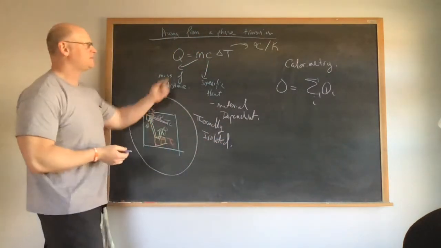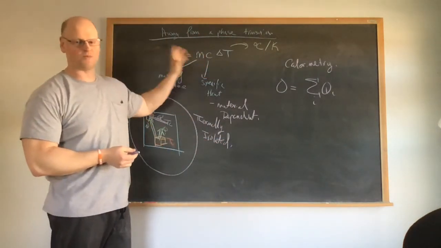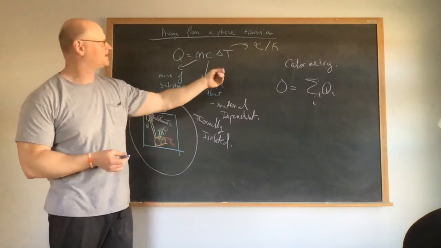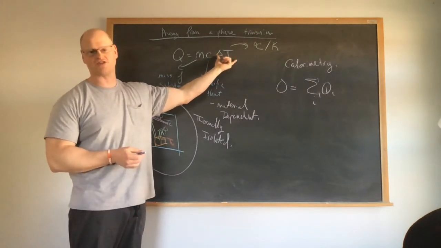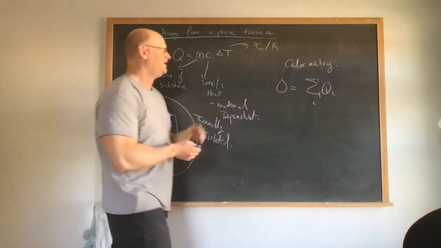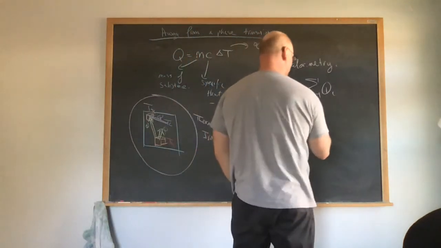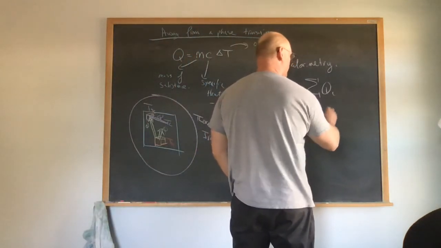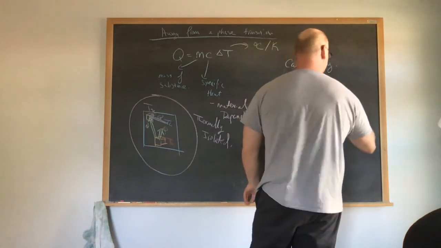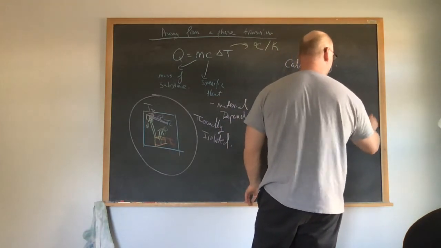Now again, some of these will be positive, some of them negative. We don't insert that negative sign in there. The negative sign will come from the fact that the change is negative. So this is simply equal to the heat from 1 plus the heat from 2 plus the heat from 3, and so on.